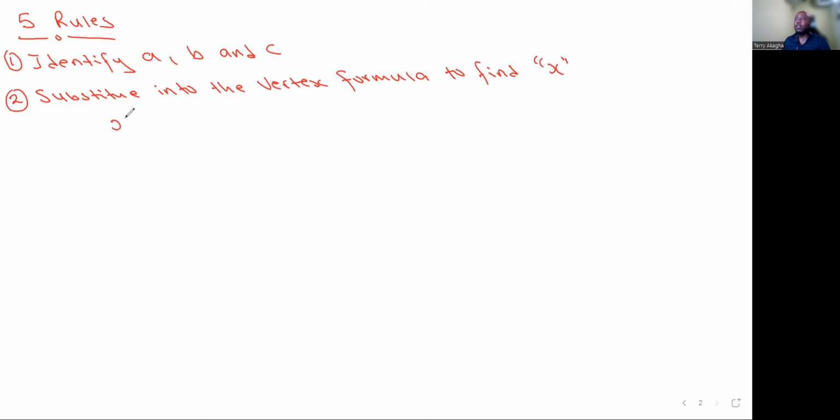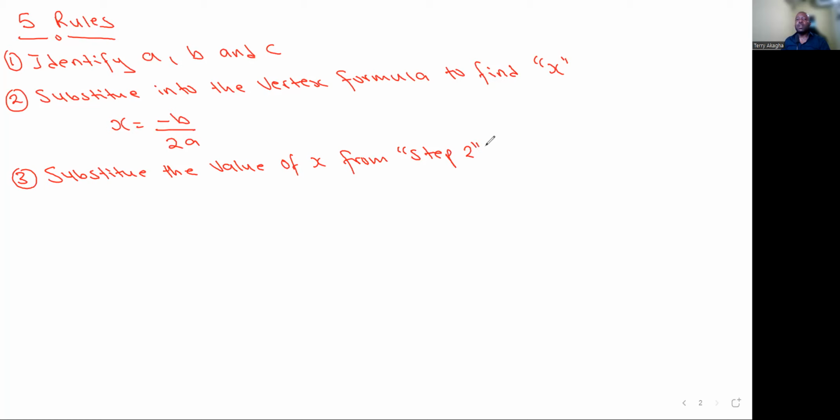So that means x is going to be minus b over 2a. Number 3, after you substituted that, you take the value of x from step 2 and substitute it into the original equation to find y.